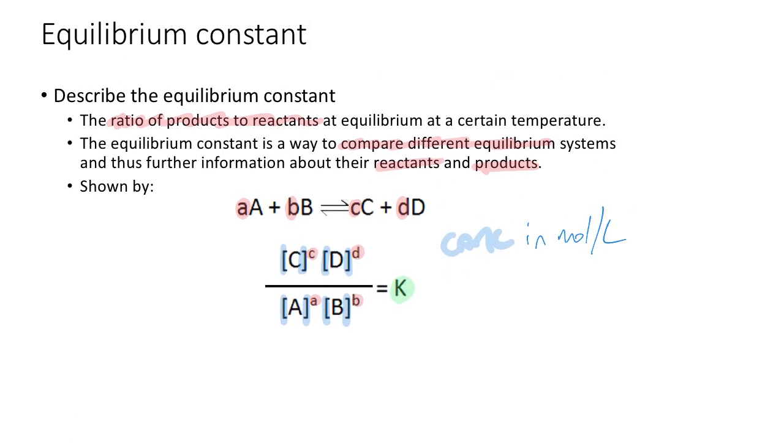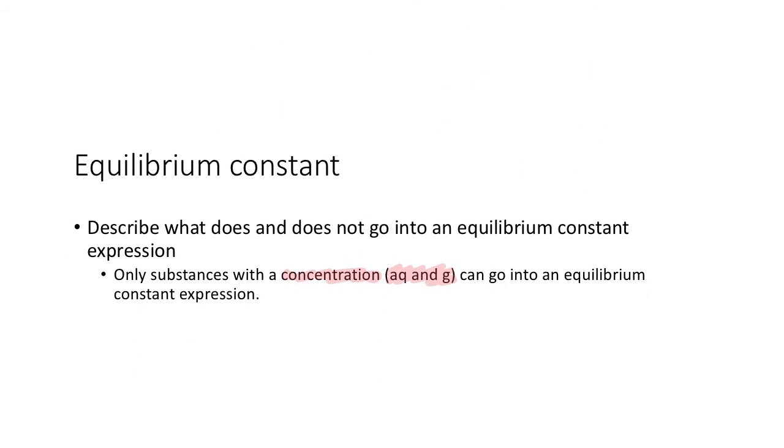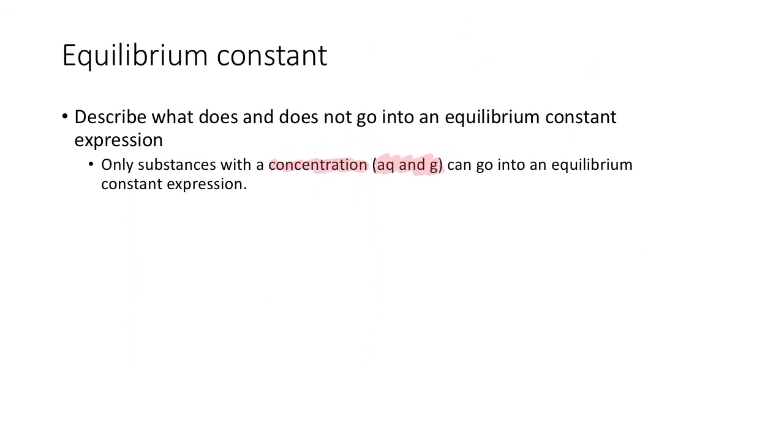So if, say, A was a solid, then we wouldn't have A in that equation. But if B is an aqueous substance, then yes, we would have that in the equation. So we only have aqueous substances and gases in equilibrium constant expressions.